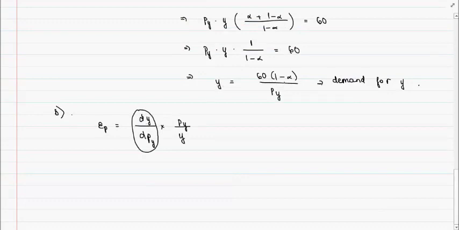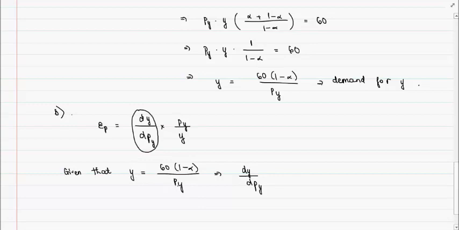So I got y over here, I got Py over here. So alright, given that y equals 60 times 1 minus alpha, everything divided by Py, then dy on dPy is just basically the differential of the demand function with respect to Py.